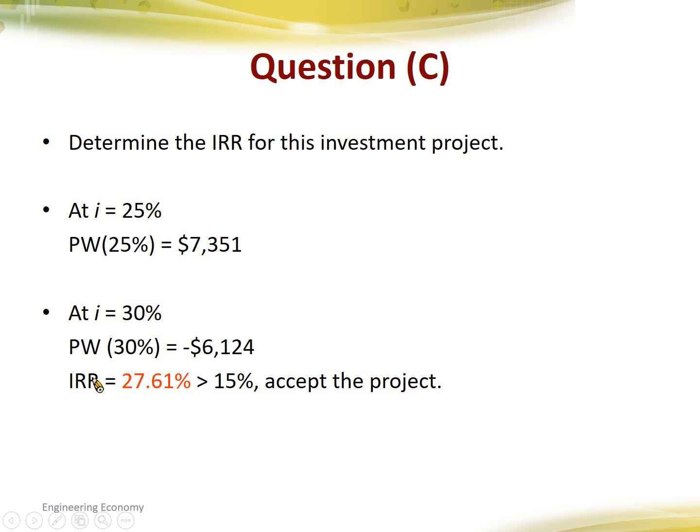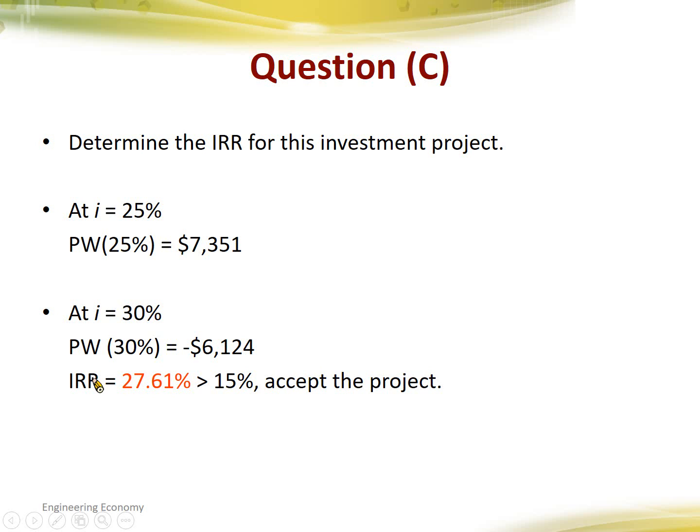Okay. So if we use the previous method against 15%, we compute the present worth. It is greater than 0, so we accept it. If we want to use rate of return, we can compute the rate of return. We found that the rate of return for the project is 27.61%, which is also greater than 15%. So we'll accept the project, the opportunity.